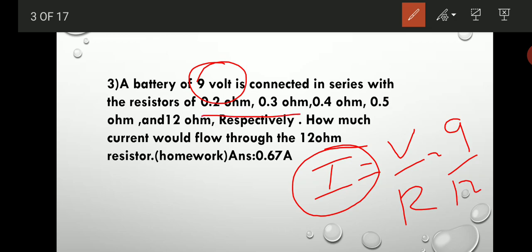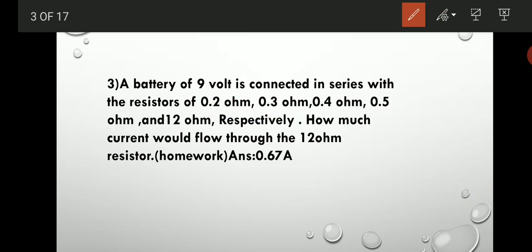You must add all the resistance values, not only the 12. Understood? So here R is nothing but the effective resistance. Even though they gave the 12 ohm resistor, the current will be the same in all the resistors. That's why here you must write RS, the effective resistance. So this is the homework. Simplify this and you will get the answer.